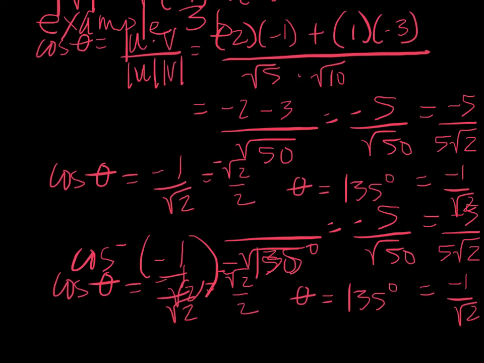I'm pretty much going to stop right there. One of the big things here is to show that two vectors are perpendicular if their dot product is 0.